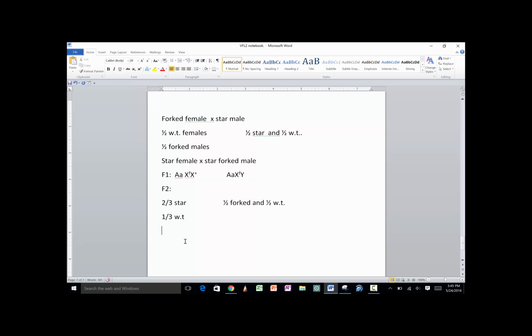So what do we expect? Sex is no longer an issue in the F2. So let me do it this way. We can multiply these together. Now we can ignore sex.